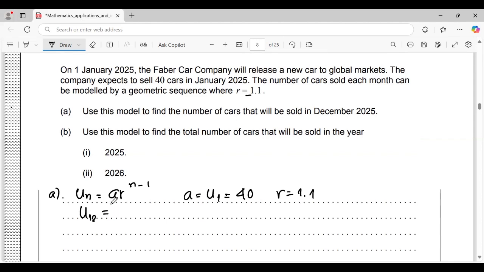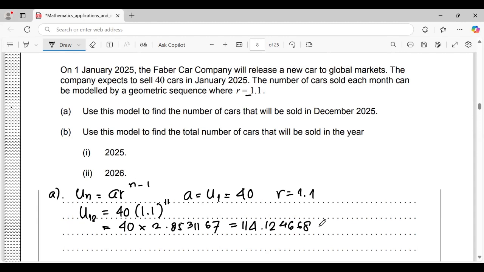So U12, according to this formula, becomes 40 times 1.1 to the power 12 minus 1, which is 11. So it becomes 40 times 2.85311167, and the result is 114.1246668.